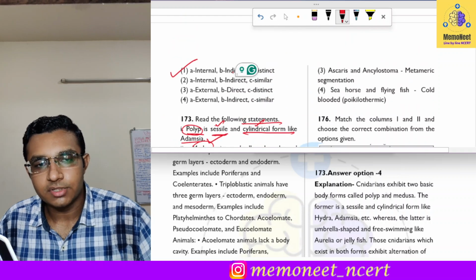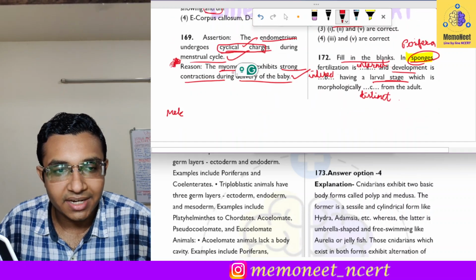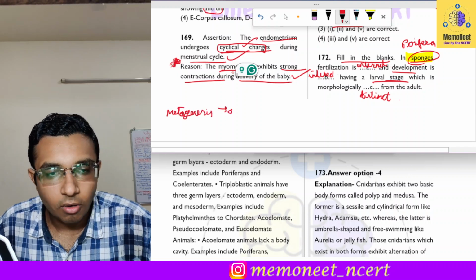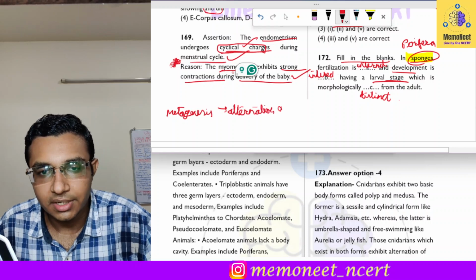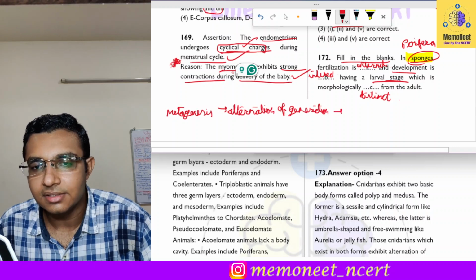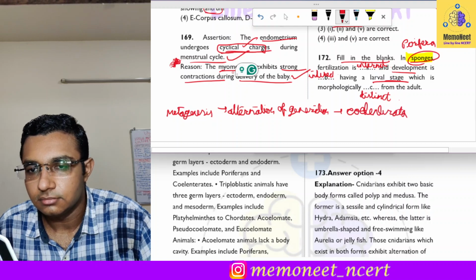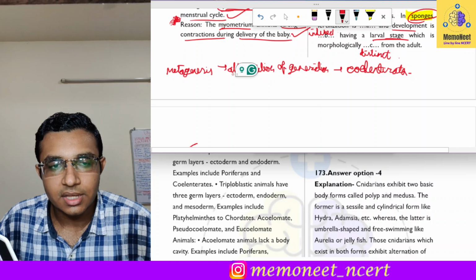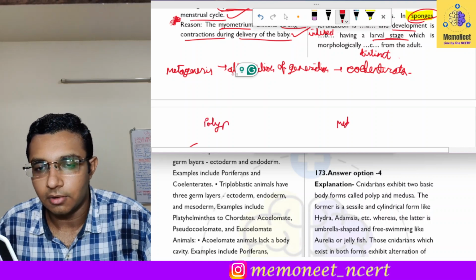So what happens during the process of metagenesis? Let me explain over here. The process of metagenesis simply means the alternation of generation, and it is seen in the cnidaria. What happens during the alternation of generation is there are two forms, the polyp form and the medusa form.